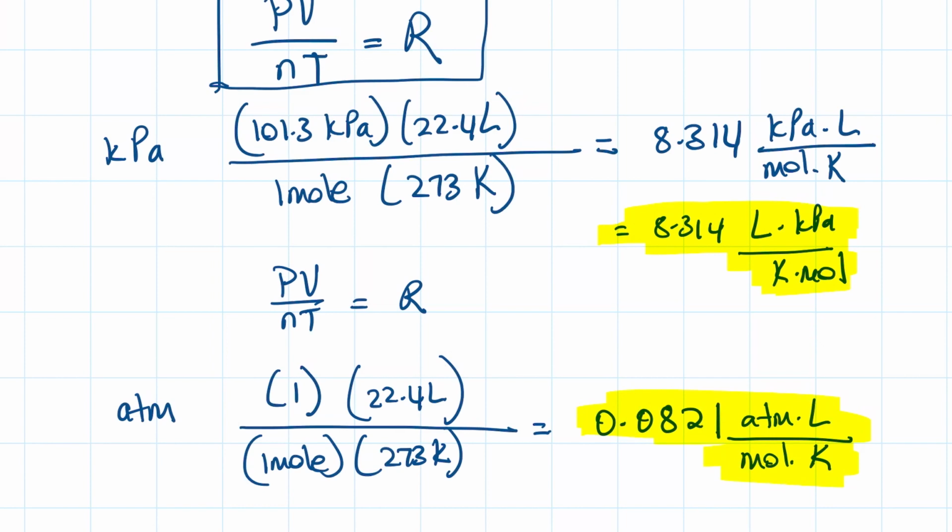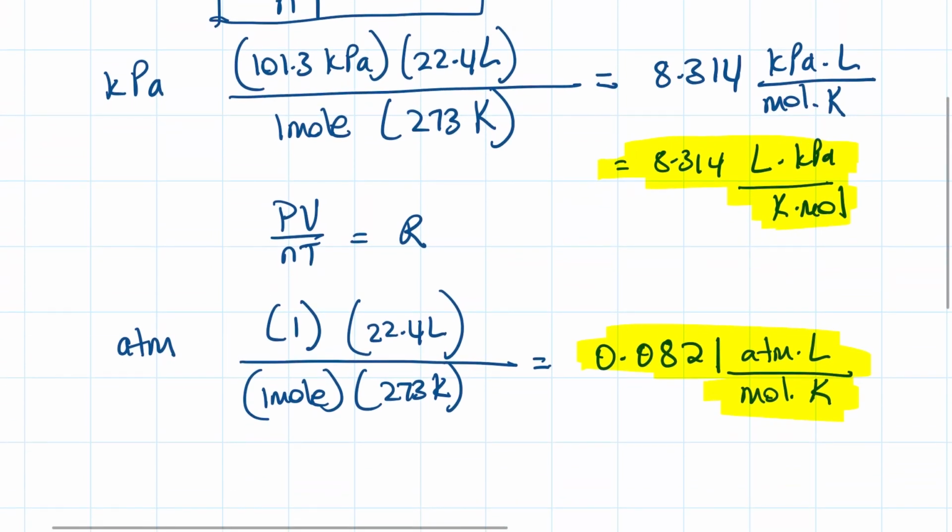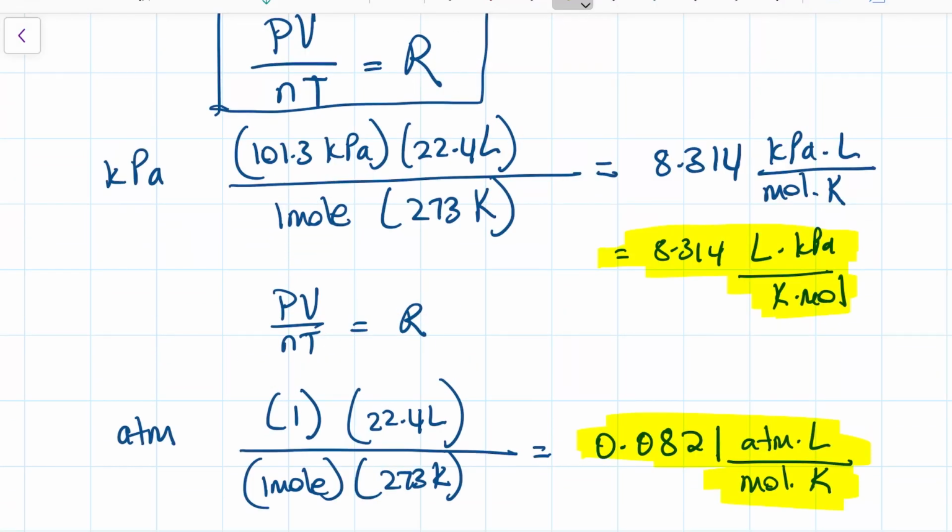There's my second R value. So you're provided these R values. You just have to know when to use them. You're going to use the 8.314 when you're provided your pressure in kilopascals, and you're going to use your 0.0821 when you're provided the pressure in atmospheres. R is called your gas constant.